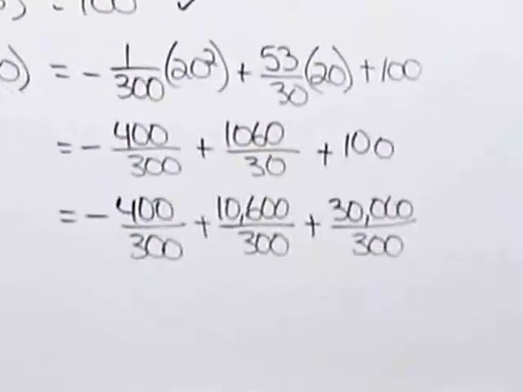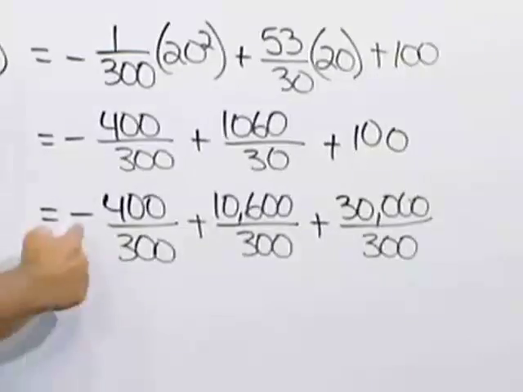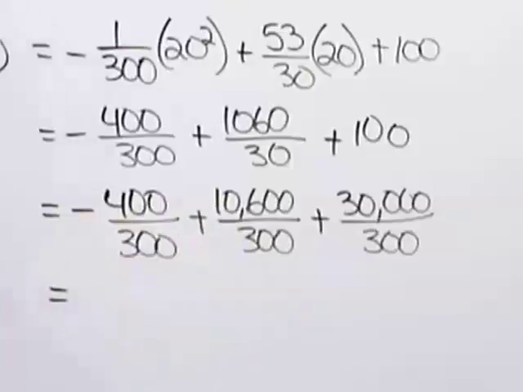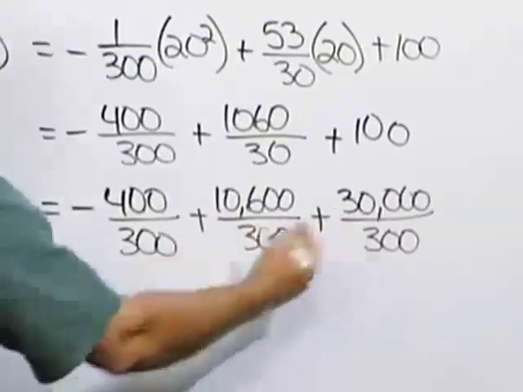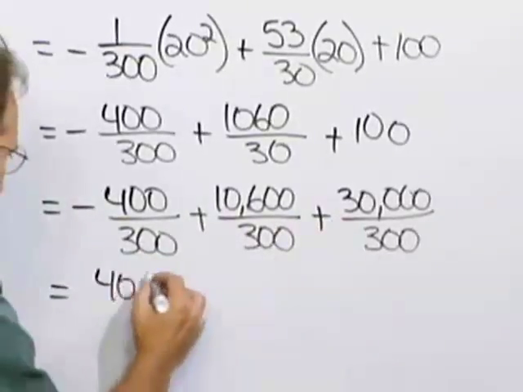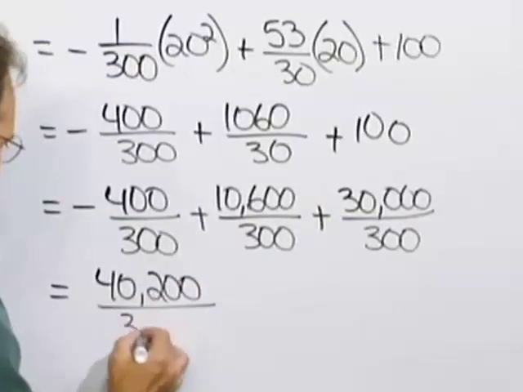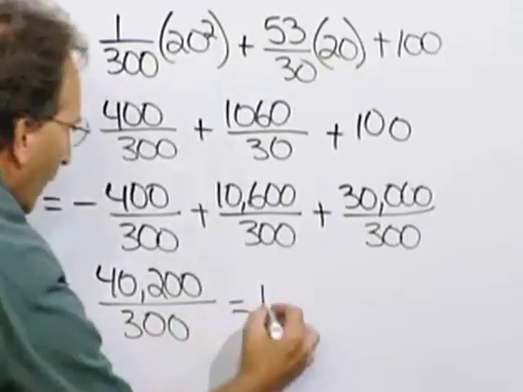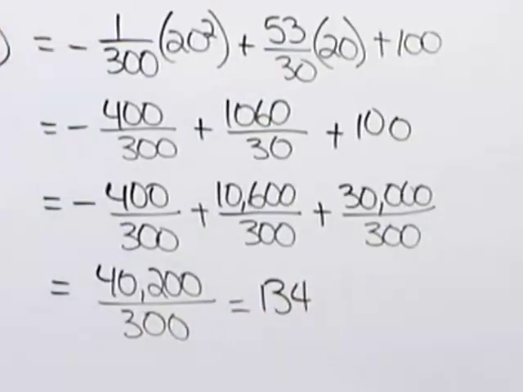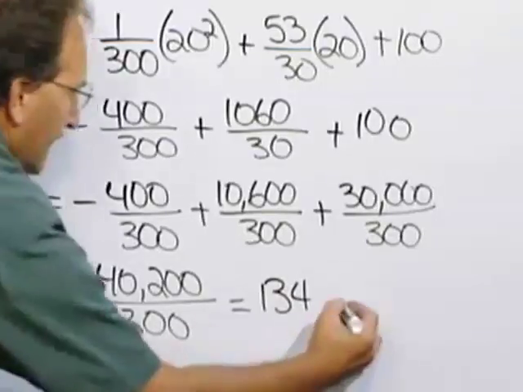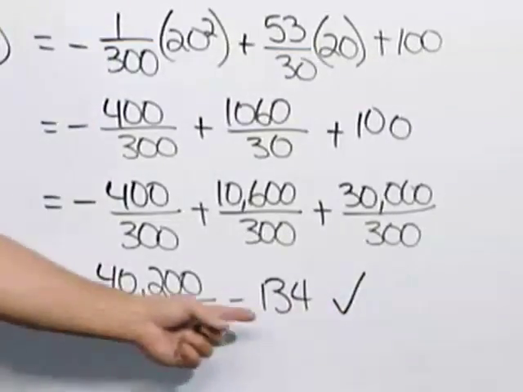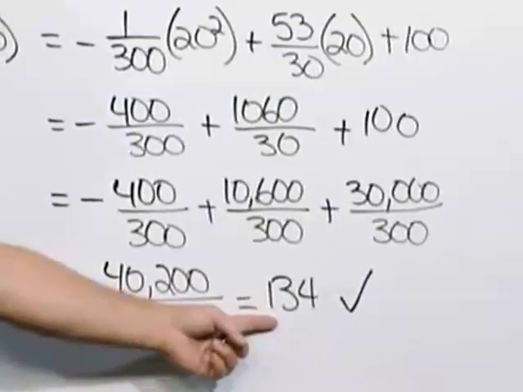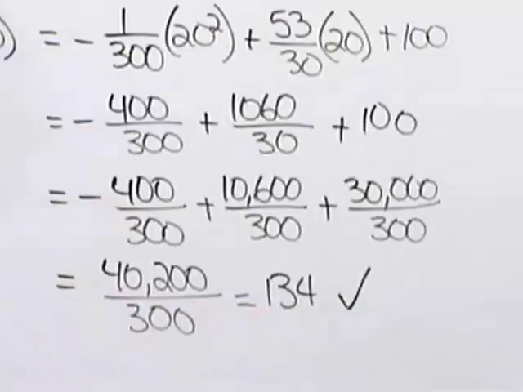Adding all of those together, we have a negative 400 plus 10,600, so that would be 10,200 added to the 30,000, so 40,200 divided by 300. When we work that out, that equals 134. And once again, we'll check that because, in fact, the time of 20 seconds should yield a 134. So far, the model is exact.